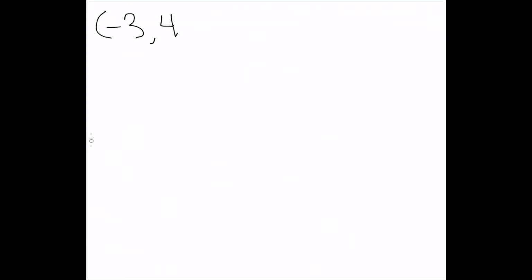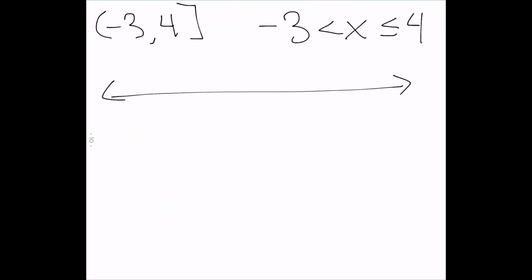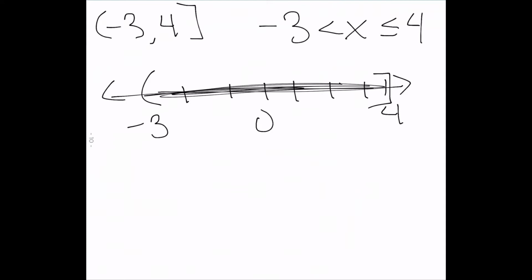Let's look at a few concrete examples. (Negative 3, 4]. So these are all the numbers that are greater than negative 3 and less than or equal to 4. If I were to actually graph this, here's negative 3, minus 2, minus 1, 0, 1, 2, 3, 4 would have a square bracket, and we would shade in the middle. Similarly, we could have something like [1/2, 3].